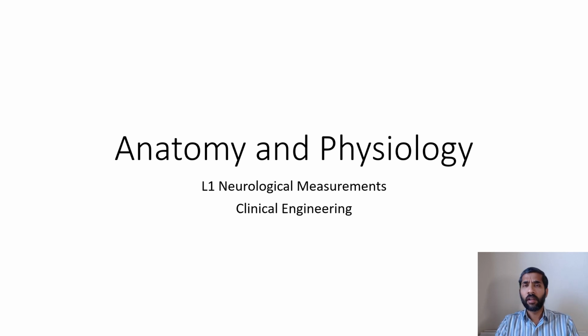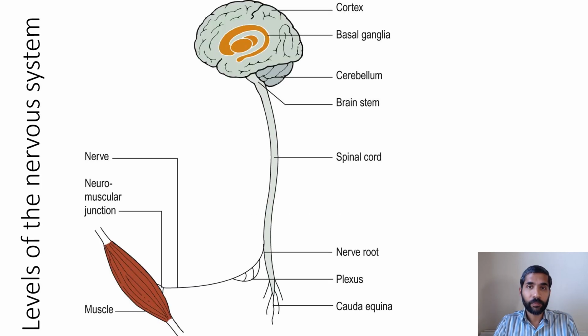So first of all, what do I mean by neurological measurements? Now, you have already studied the nervous system as a part of your anatomy and physiology module, and you know that the nervous system can be broken down into two parts, right? The central nervous system, which basically consists of the brain and the spinal cord.